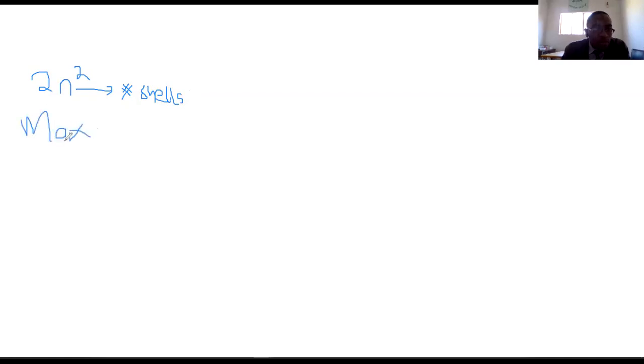If we want to know the maximum number of electrons that will be occupied in the first shell, this is how we determine it. So in the first shell, the n is equivalent to 1.